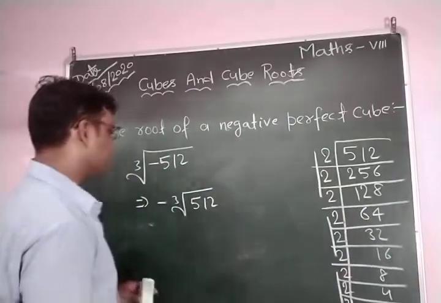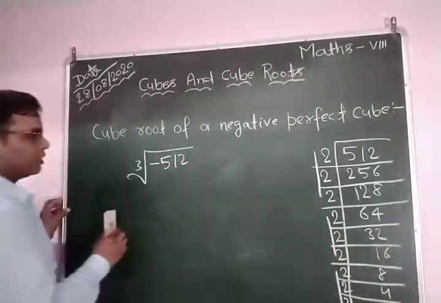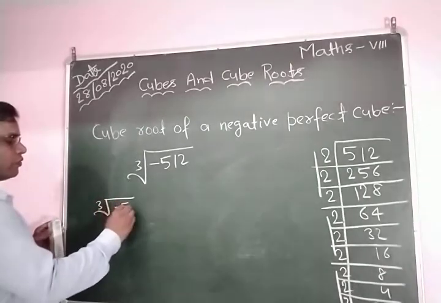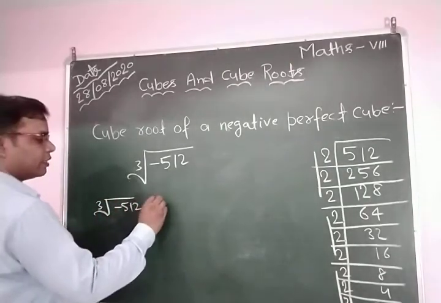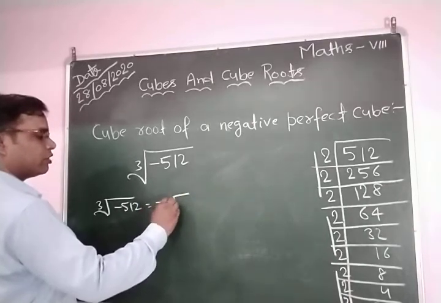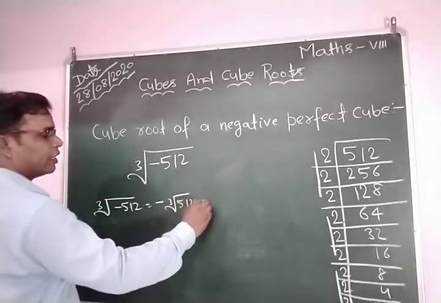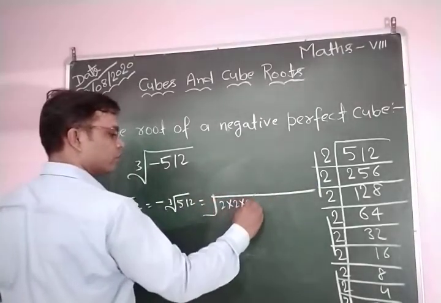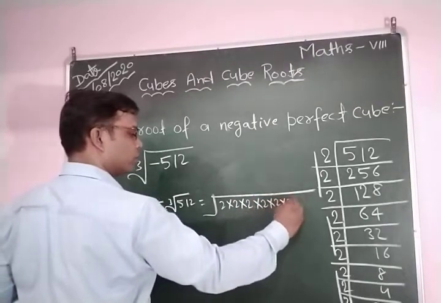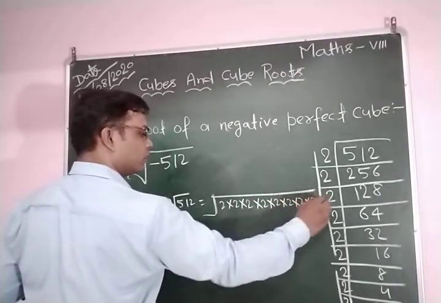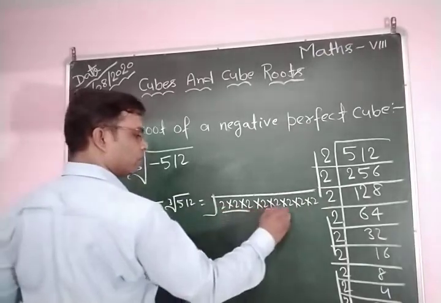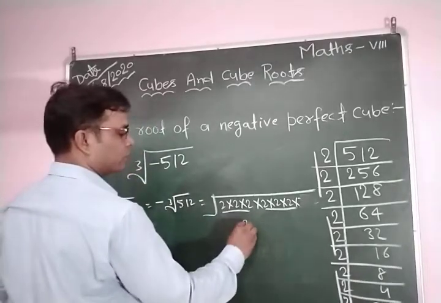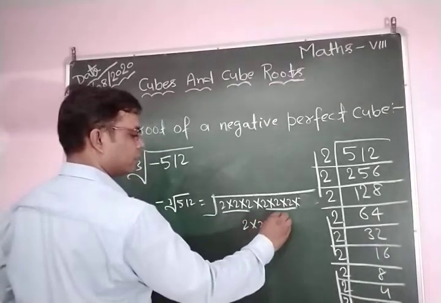It means you can express the cube root of 512 as the cube root of 2 into 2 into 2, into 2 into 2 into 2, into 2 into 2 into 2: first group, second group, and also a third group of three 2s.